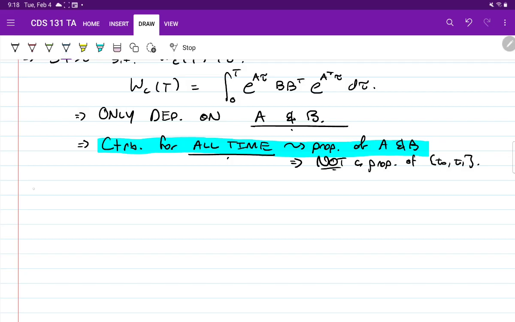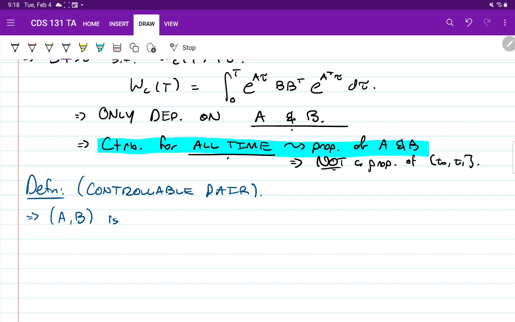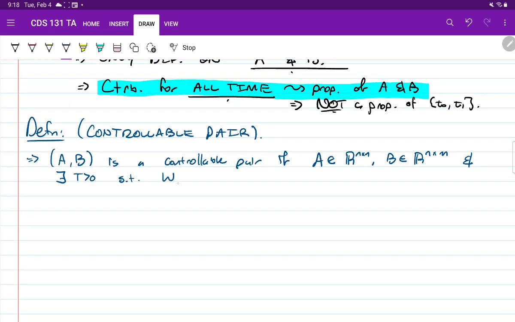All right? So that leads us to make a definition of a controllable pair. We say that A, B is a controllable pair if A belongs to R n by n, B belongs to R n by m, and there exists a time t greater than 0 such that my Gramian WC of t will be positive definite.